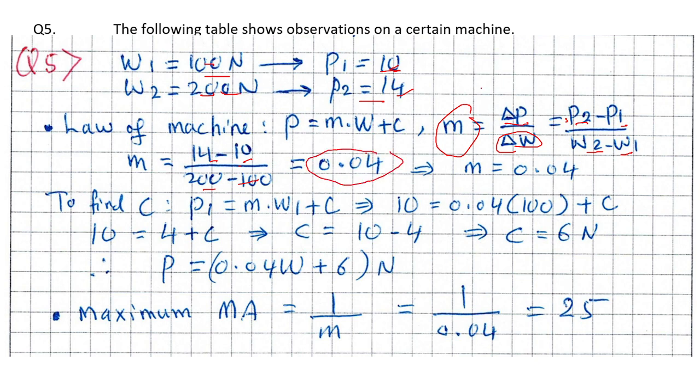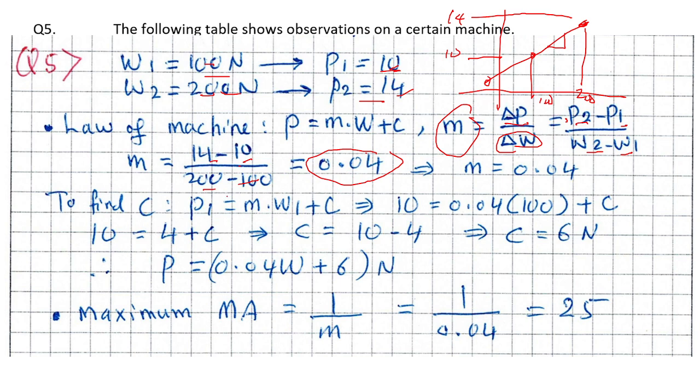If we draw it, we have this point and this point: the values for the effort, which are 14 and 10, and for the load, 200 and 100. So this is the slope, and the slope is equal to 0.04.